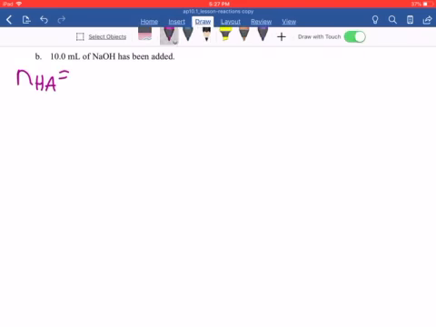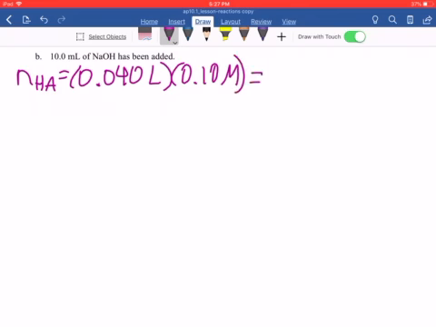All right, so moles of acetic acid is going to be 0.040 liters, so I converted the milliliters to liters, times the molarity of it, and it was 0.10. When you multiply that out, you end up with 0.004, and if you're doing significant figures, add a 0 at the end, moles.